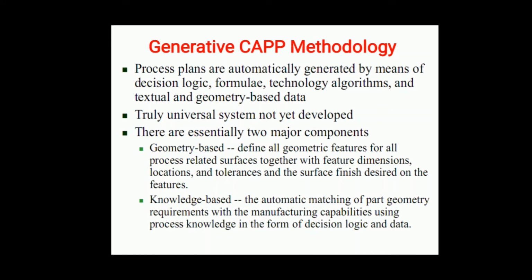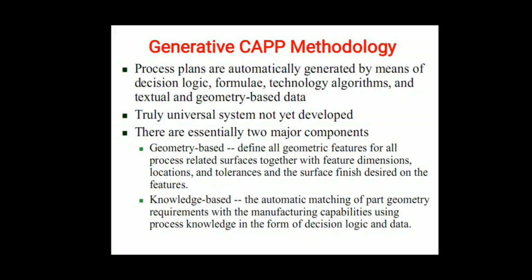The second one is the knowledge base, that is a process knowledge database and decision making logic. The knowledge will be in the form of decision logic. It is required to match the part geometry requirement with manufacturing capability using decision logic and data.